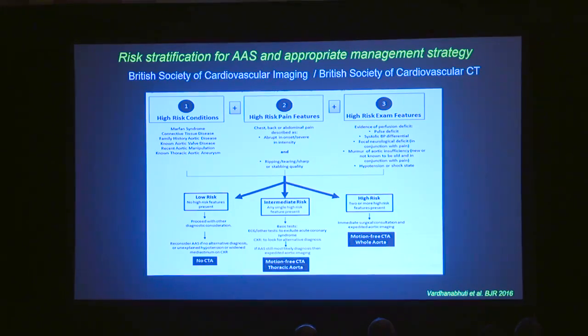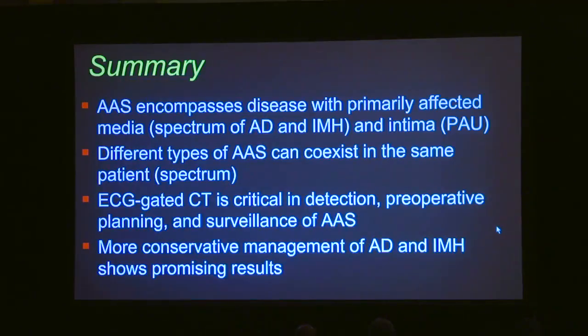So basically, in summary, acute aortic syndromes encompass disease processes that primarily affect the media, such as aortic dissection, intramural hematoma, and the limited intimal tear, and also the intima, where the PAU starts. But the penetrating atherosclerotic ulcer also involves the media at a slightly later stage.